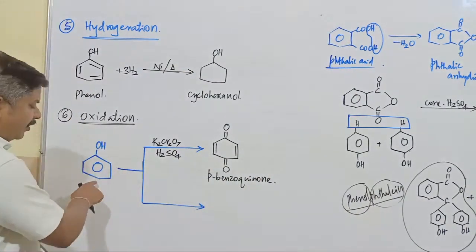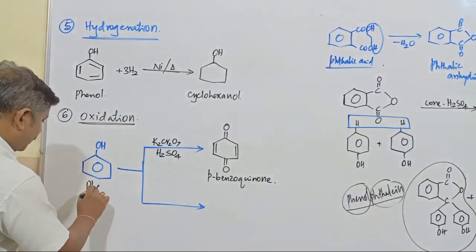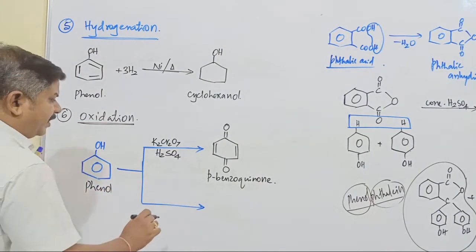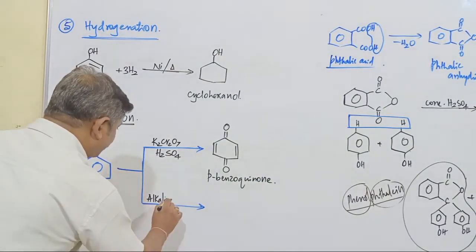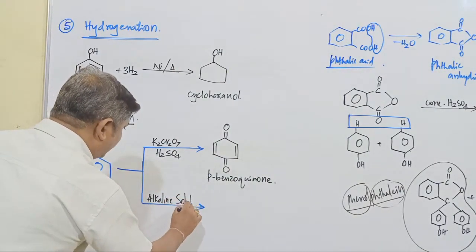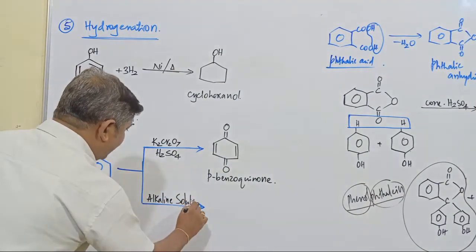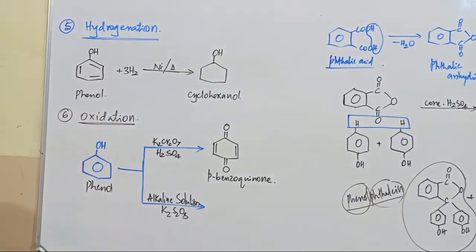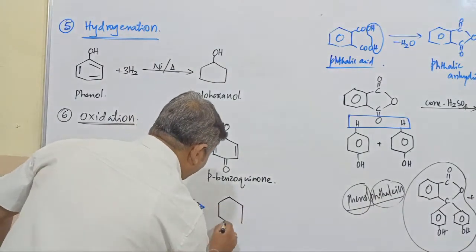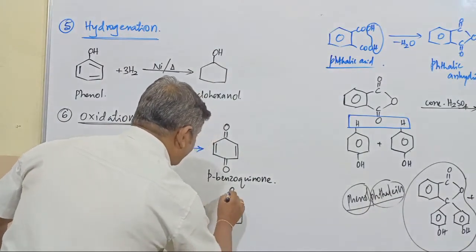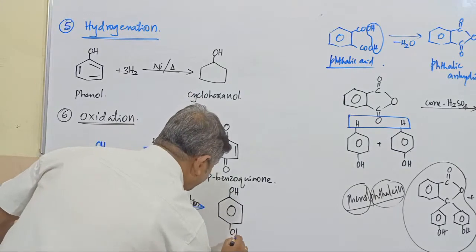If the same phenol is oxidized in presence of alkaline solution of K2S2O8, potassium persulfate, the important and major product is going to be this OH compound.